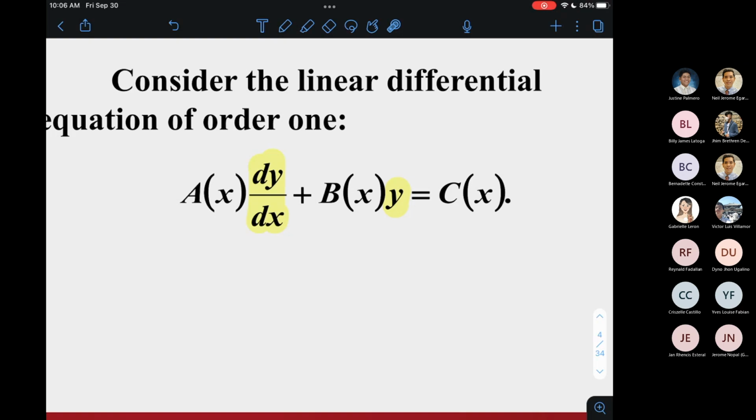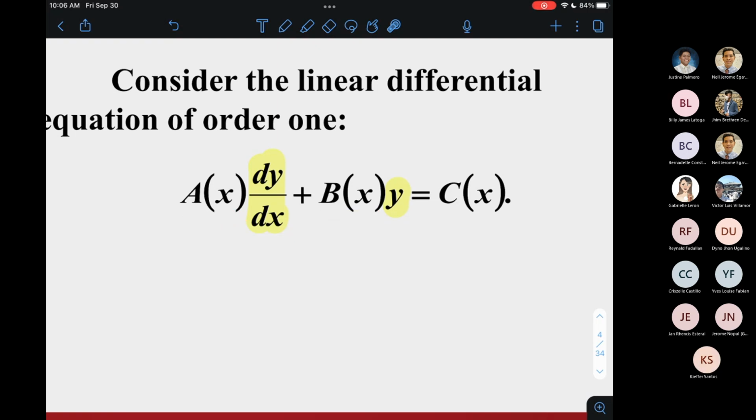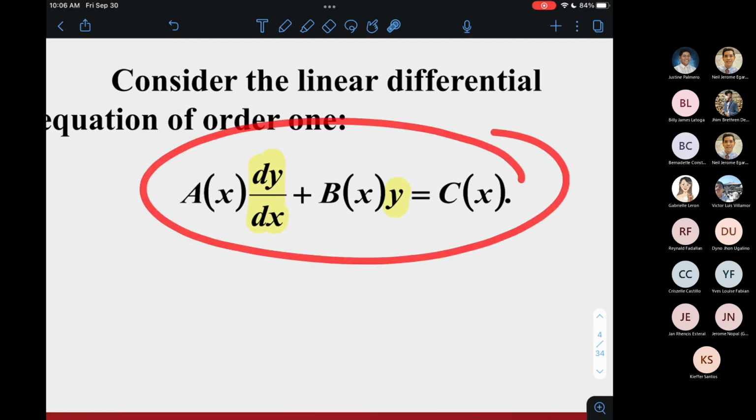And then we shall assume dahil linear lamang yung ODE, ibig sabihin yung coefficients ni y prime at saka ni y will be functions of the variable x alone. Kasi pag naging involved na dito si variable y, hindi na magiging linear etong term na to in the variable y. Okay? So kaya any linear differential equation of order 1 can be written of this form.